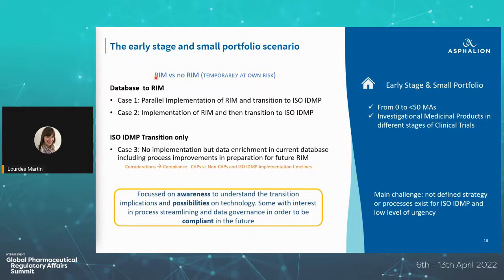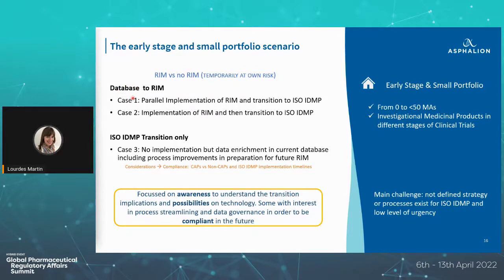So the question is whether they have a RIM or not, or whether they decide to implement one or not. Not implementing a RIM is at their own risk, and usually is a temporary decision.